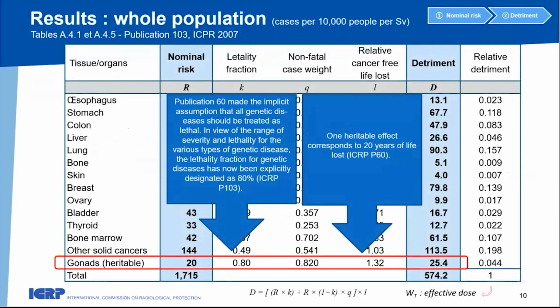Yes, just for everybody to understand the comment from Thierry, the last column here is the relative detriment for each of the cancer sites. That's what is used to derive the WT. And so, of course, if we remove this line from the table, it's more difficult to calculate the WT integrating the hereditary effects.